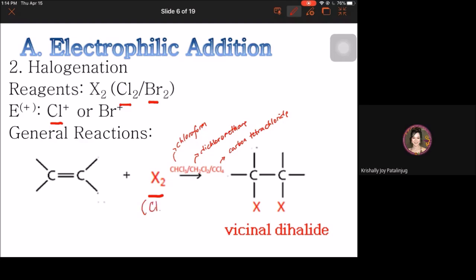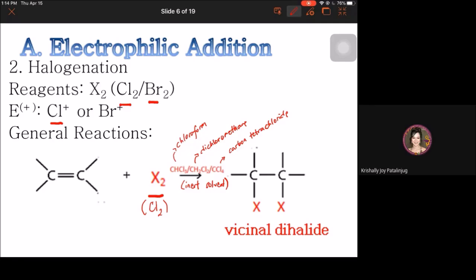Kasi obvious naman, di ba? Ang halogen present in this inert solvent, this is inert solvent. Kung may inert solvent, a solvent siya that gives no chemical reaction, no? Hindi siya mag-interfere sa chemical reaction that is happening, okay, sa mismong sample. Okay, so inert lang.